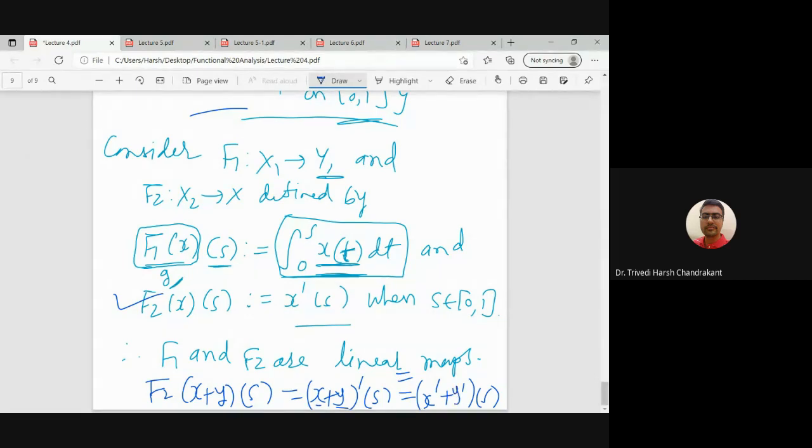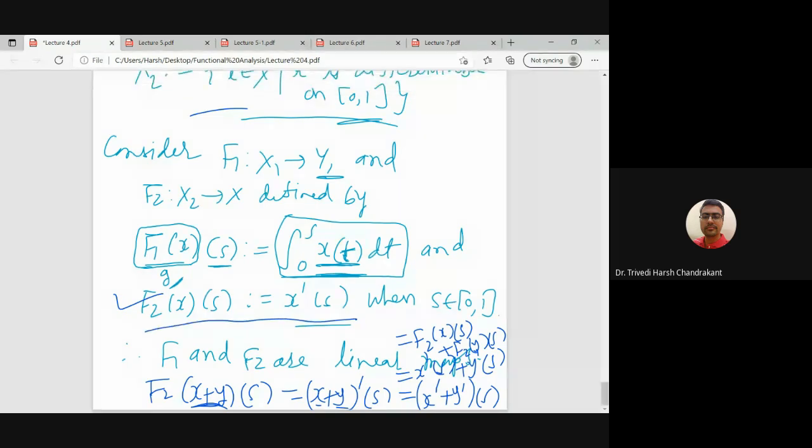So this is x dash s plus y dash s, and that is f2 x s plus f2 y s. It preserves addition, and similarly we can check this map also preserves scalar multiplication. So this function is linear.